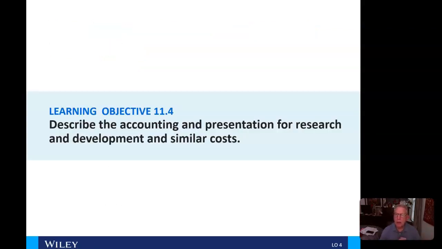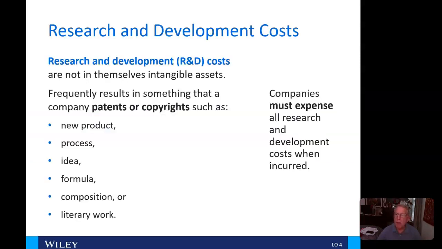Okay, now we're going to describe the accounting and presentation for research and development and similar costs. Here, research and development costs are not in themselves intangible assets, and I should say anymore. They used to be back several years ago.